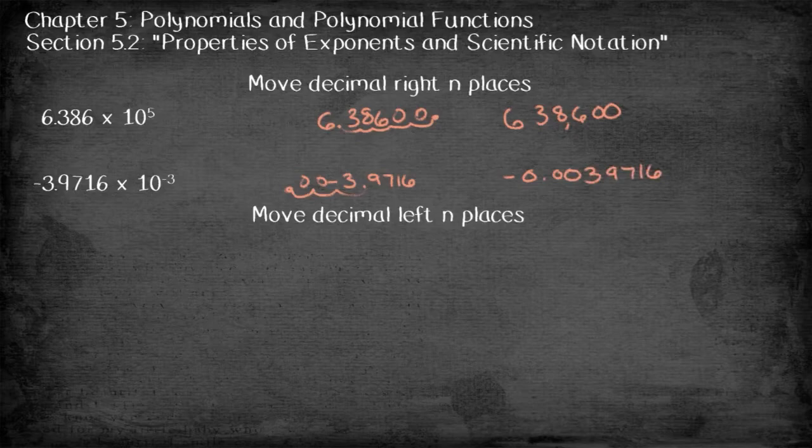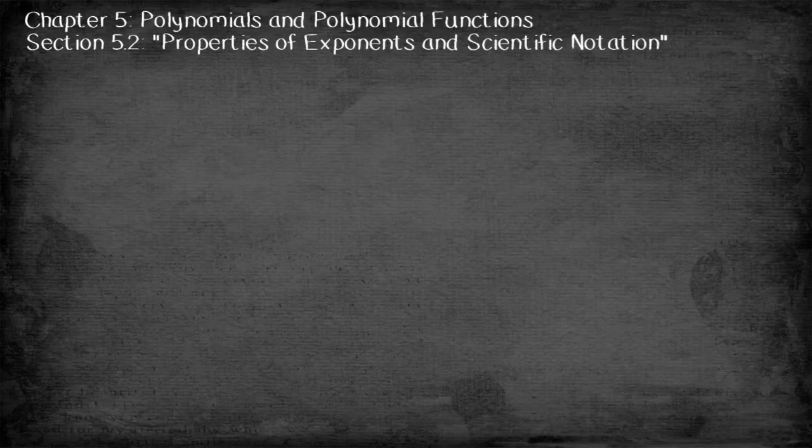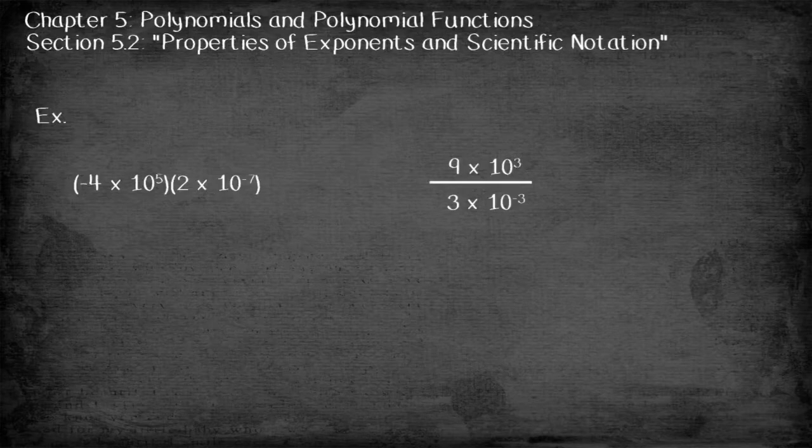It's not too bad. From here, we can also define a way to multiply and divide numbers in scientific notation. For that, you're simply applying the rules of exponents. For example, negative 4 times 10 to the 5th times 2 times 10 to the negative 7.